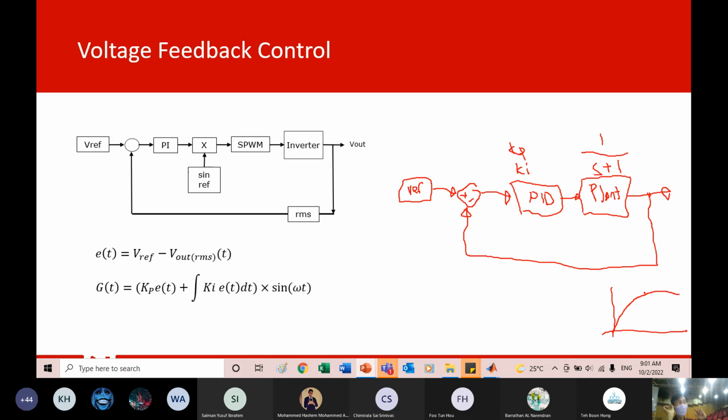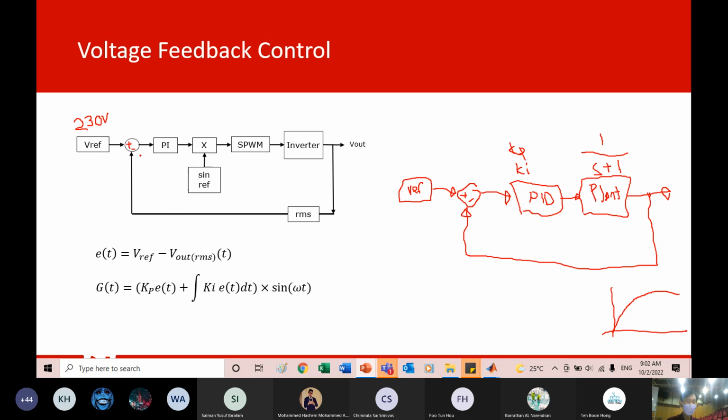Now, the same control principle you have learned in control theory is actually applied in many of these power electronic converters. So one of them is here. If you look at it, Vref, this is the reference voltage. Reference voltage means the voltage you want the inverter to maintain, which is 230 volt.